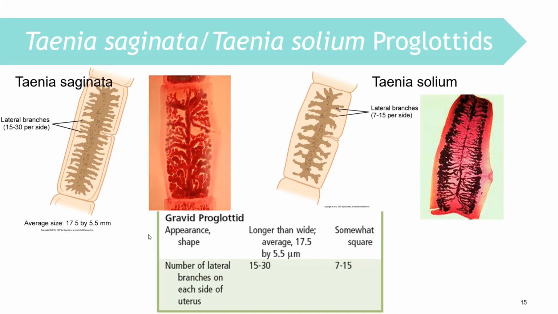But in terms of the number of proglottids, take note of this, guys. Taenia saginata can have up to 2,000 proglottids. Could you imagine? A single adult Taenia saginata could have 1,000 to 2,000 proglottids, while for Taenia solium, we have less than 1,000.